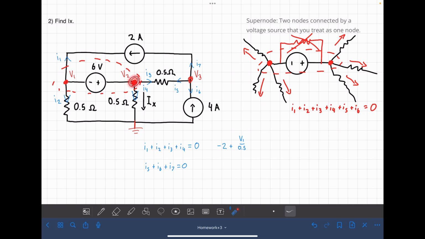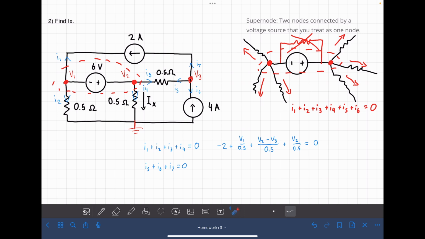Then on this side, we have I3. I3 is the voltage drop from V2 to V3 divided by 0.5. So we have V2 minus V3 divided by 0.5. And finally, I4. I4 is the voltage drop from V2 to ground divided by 0.5. All this equals 0.